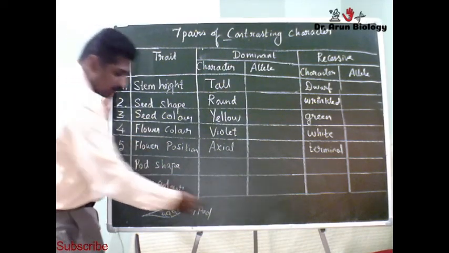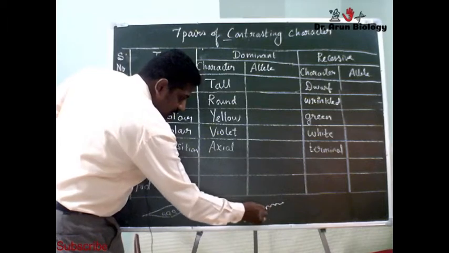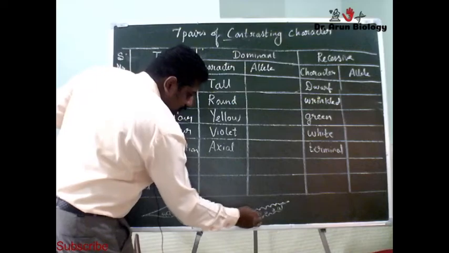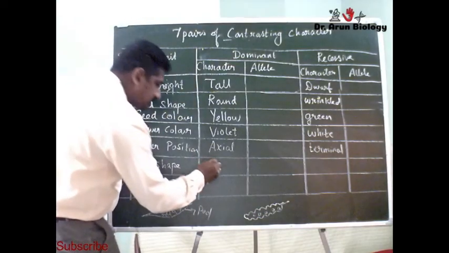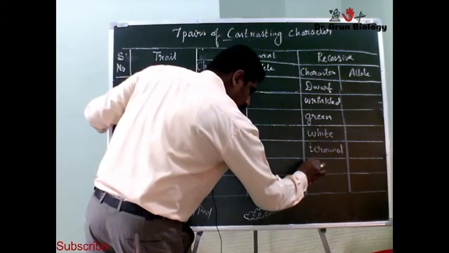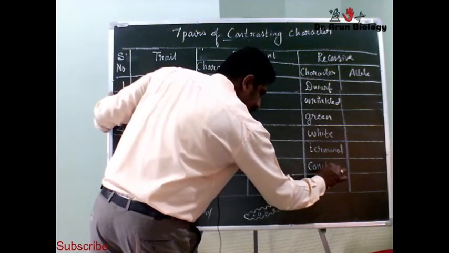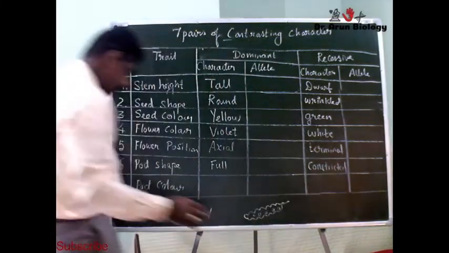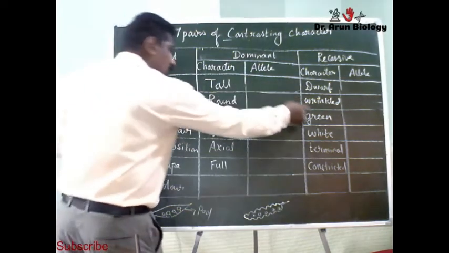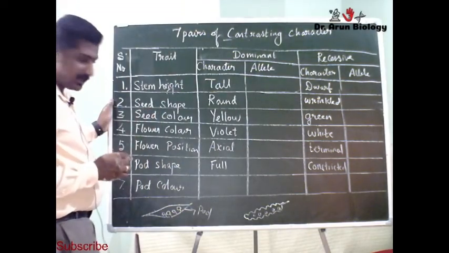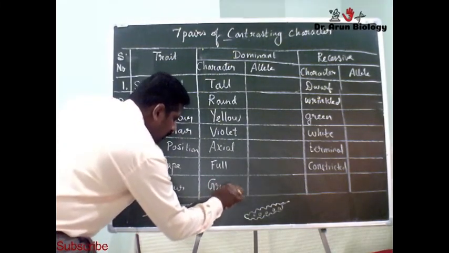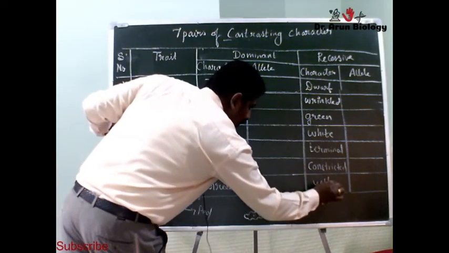For pod shape, one was full and the other showed some wrinkles, which is called the constricted form. So the full pod shape was dominant over the constricted one. For pod color, yellow was dominant over green in case of seed color, but in case of pod color, green was dominant over yellow.